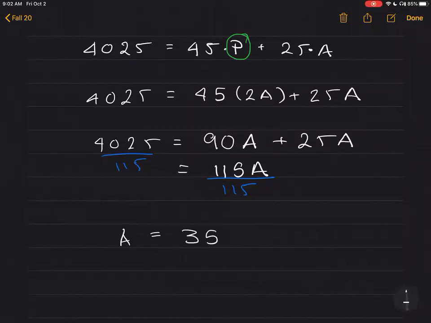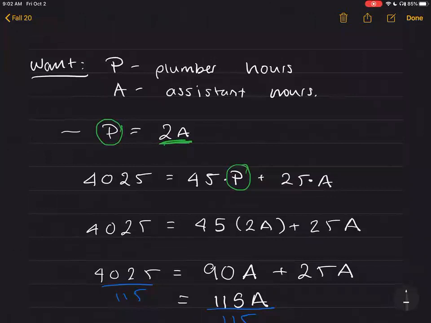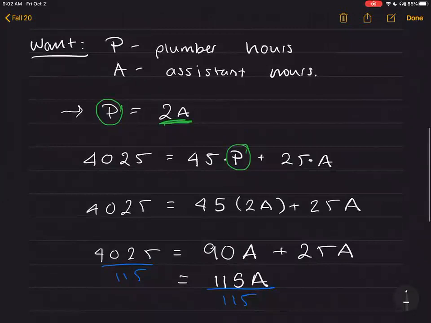Cool. If you remember, A is the assistant's hours, so we know that the assistant worked 35 hours. We also want to know the plumber's hours. Remember, we have this nice little equation up here. So if we have 35 for A, we can plug in 35 right here.